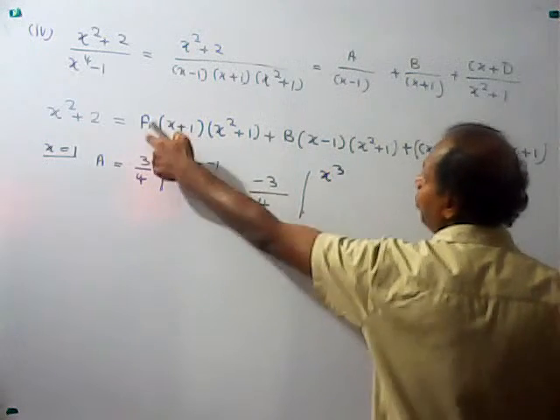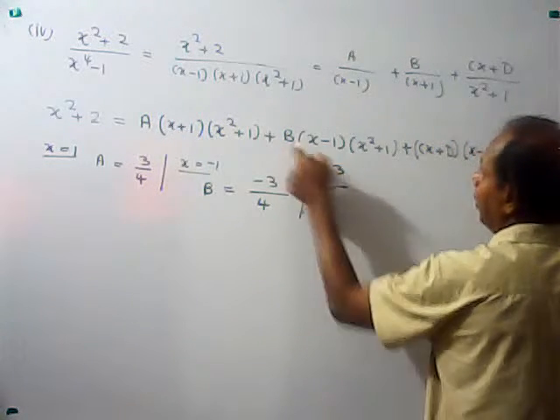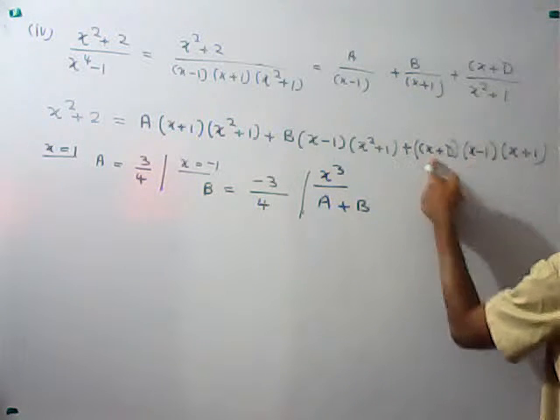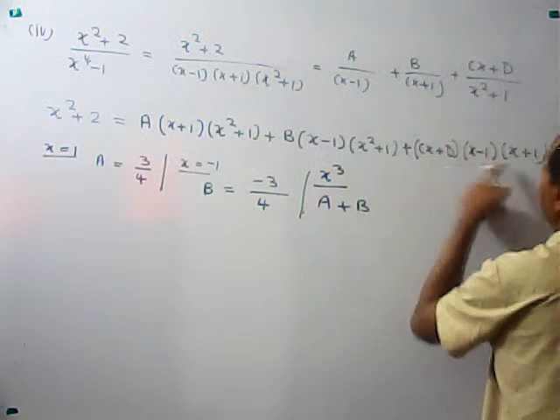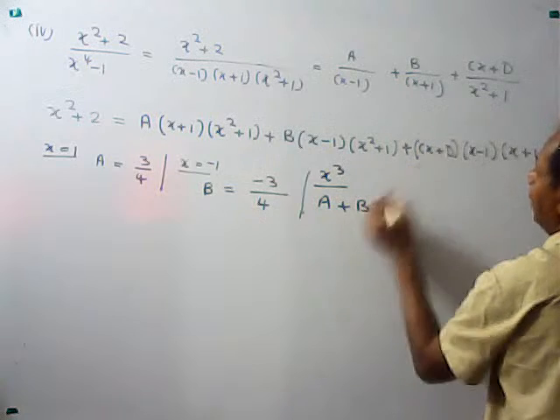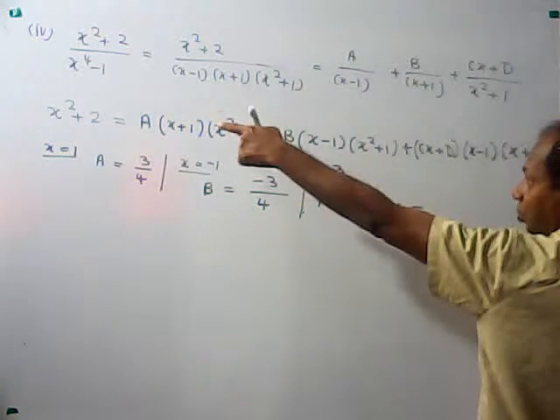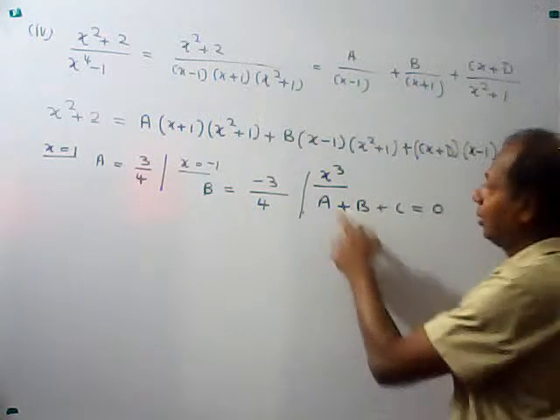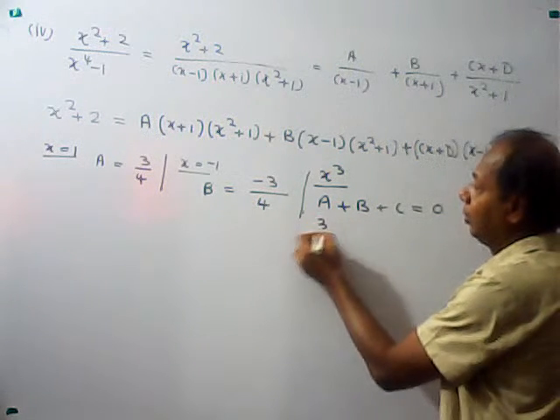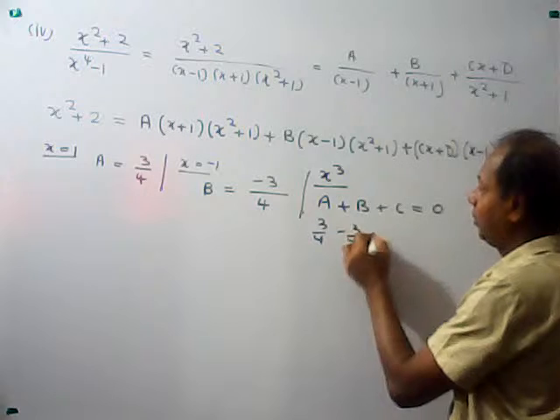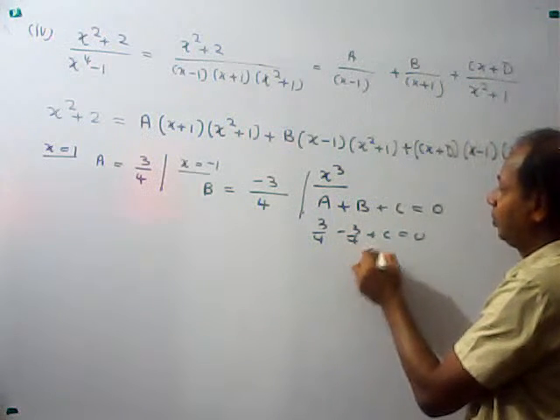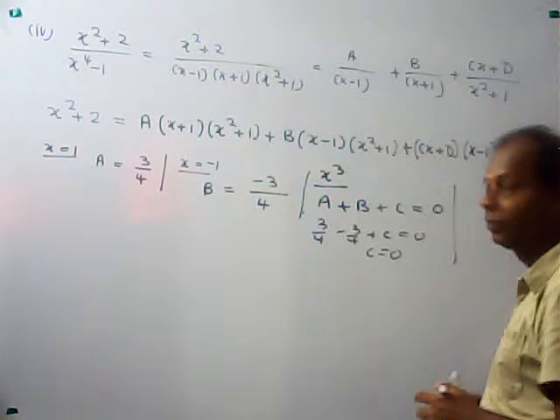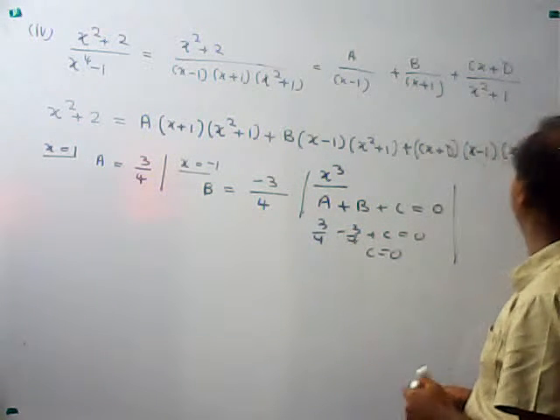So it's x cube: a plus b plus c equals, no x cube term on the other side, it's 0. So a plus b, 3/4 minus 3/4, plus c equals 0. So c is equal to 0. We need to find d further.